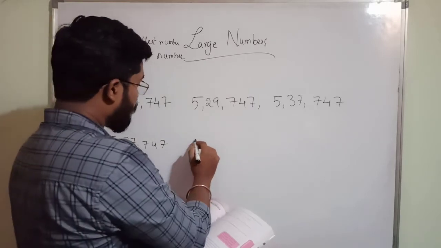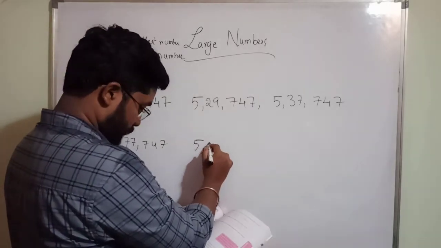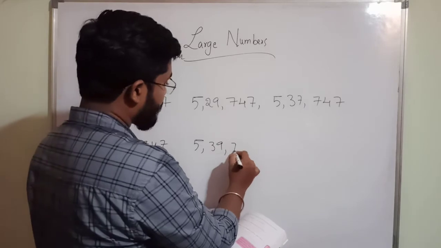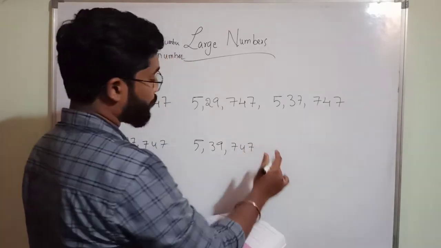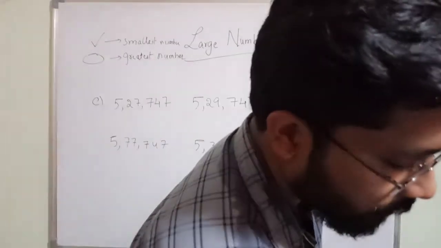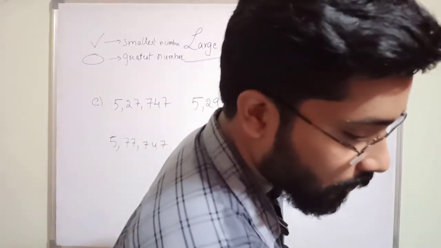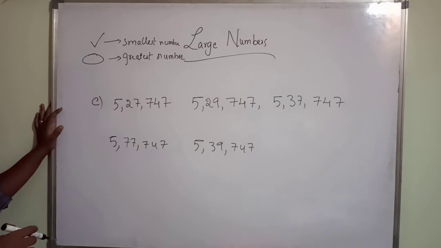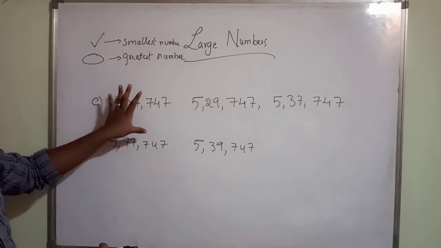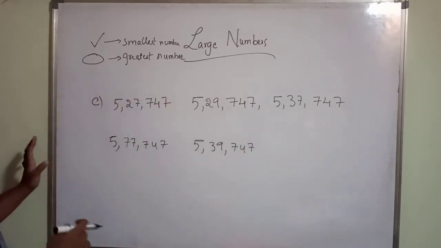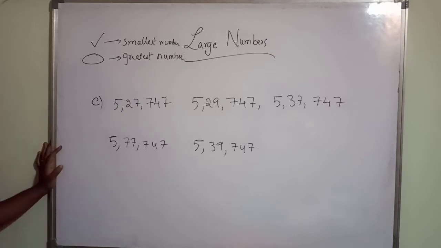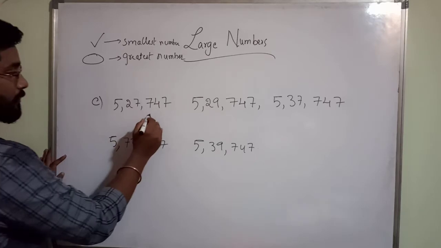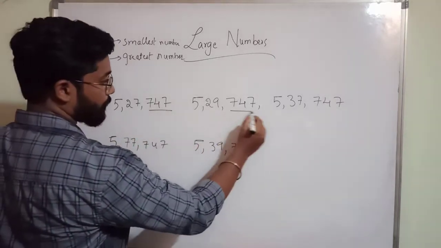Next one, 5,39,747. What you have to identify in this? First you have to check whether a number is common in all of these. Is there anything common in all these numbers? Yes. What is that? 747.